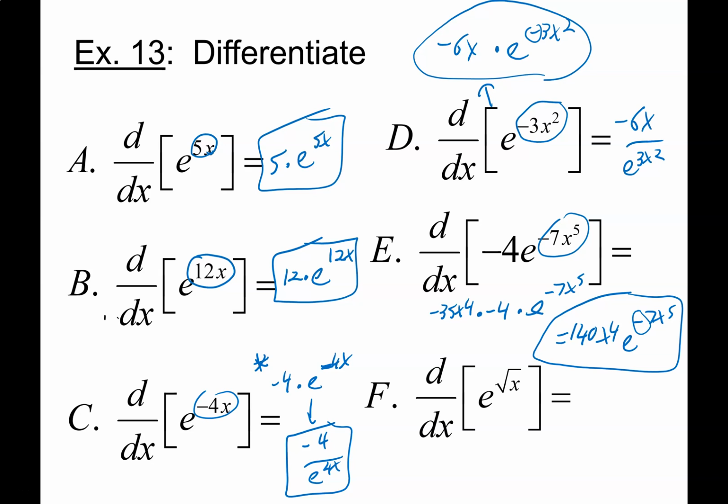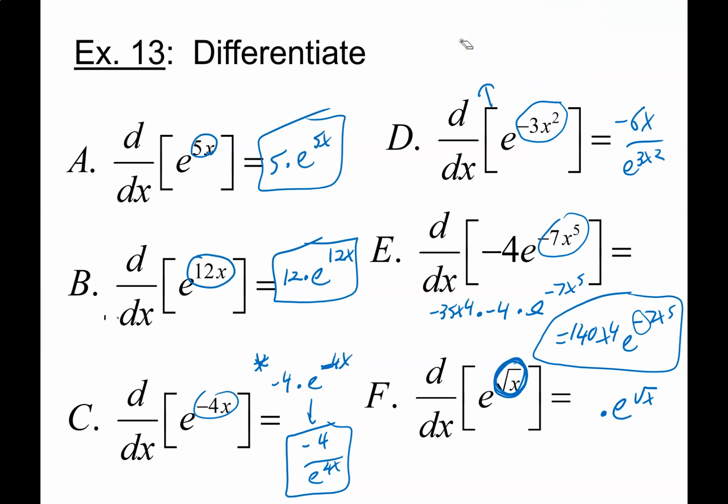This last one, I know my answer is going to be e to the stuff. And then I know I'm going to have to multiply by my stuff prime. Let's talk about that, shall we? One way to find my stuff prime, or the derivative with respect to x of square root of x, is to say, well, that's the same as deriving with respect to x to the half, and doing your power rule, stuff like that.